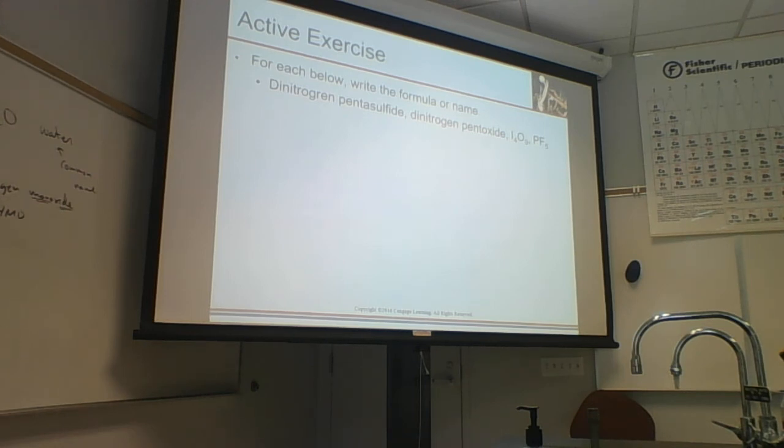The next one is going to be called tetra for 4, iodine. Now the first one, read the ending. So this would be tetraiodine. The second element, we're going to change the ending.